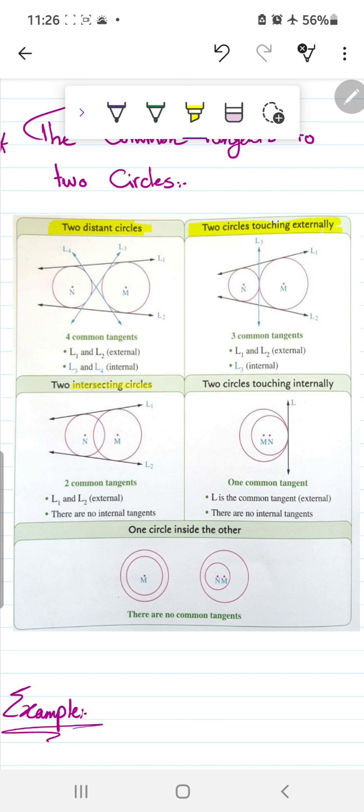What about two intersecting circles? We have only 2 common tangents, L1 and L2, both external. Two circles touching internally have 1 unique common tangent, and this common tangent is external.